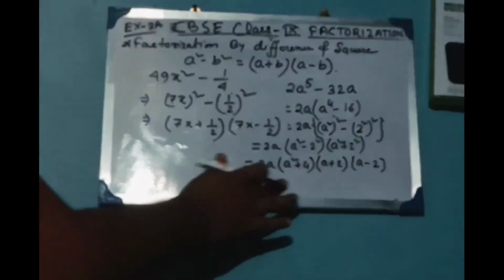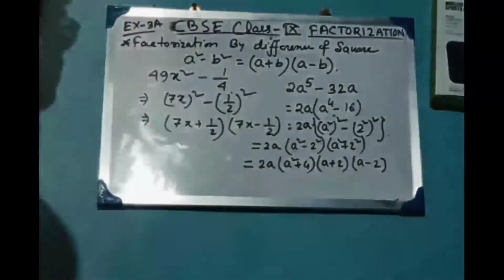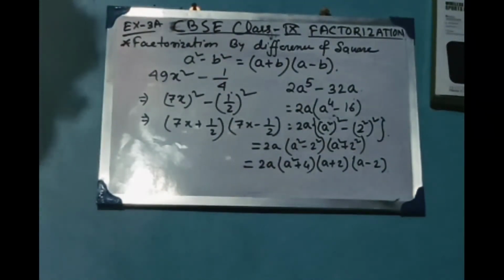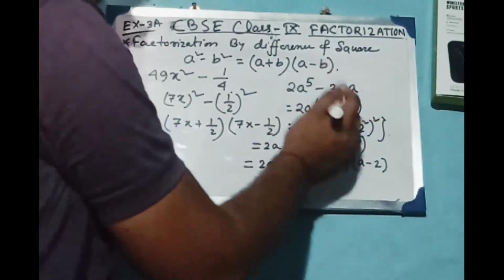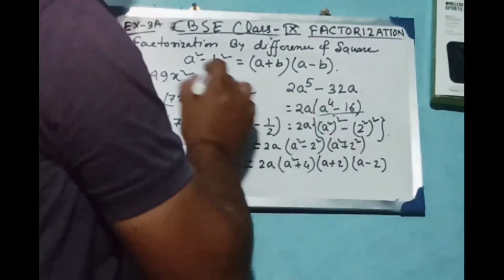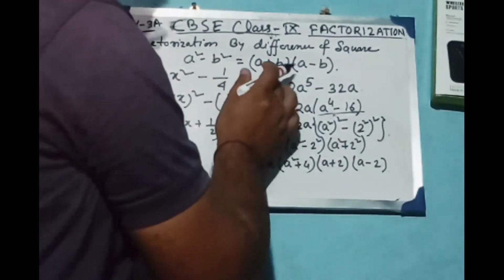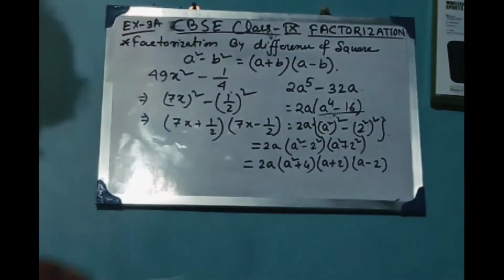So this is my required factorization of 2a to the power 5 minus 32a. First we take the common factor, then in this algebraic expression we use the formula a square minus b square equals (a plus b)(a minus b), and we get this result.